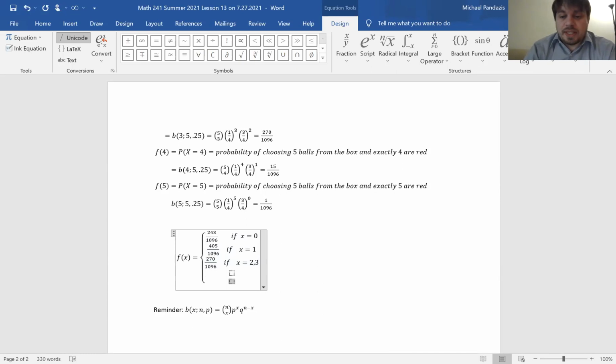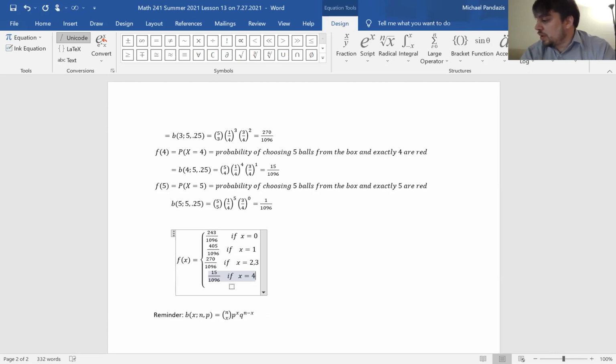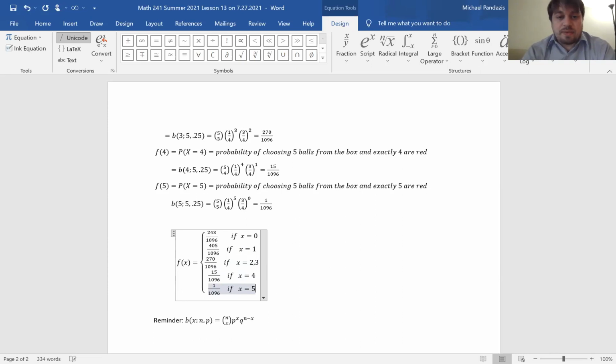And the probability was 15 divided by 1096 if x equals 4, and 1 divided by 1096 if x equals 5.